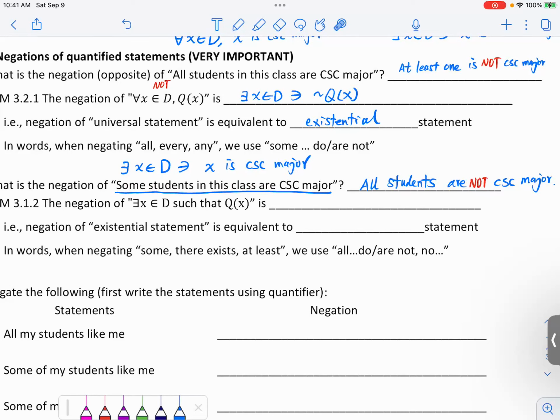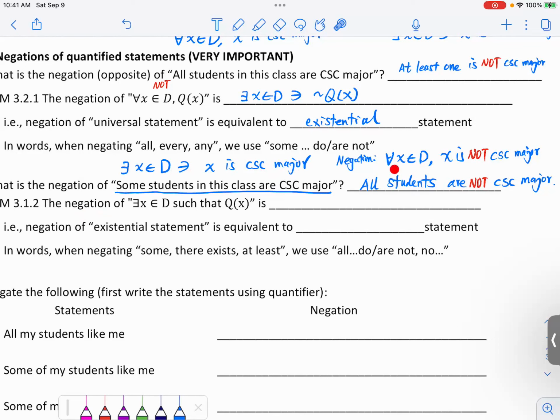Now let's take a look at its negation. Here's the negation. It says all students, therefore it is a universal statement. So for all students x in this set D, x is not a computer science major, right? I try to emphasize this not again: x is not a CSC major. So here comes the next theorem. How do we negate an existential statement?